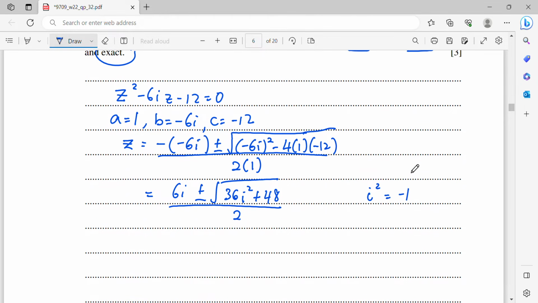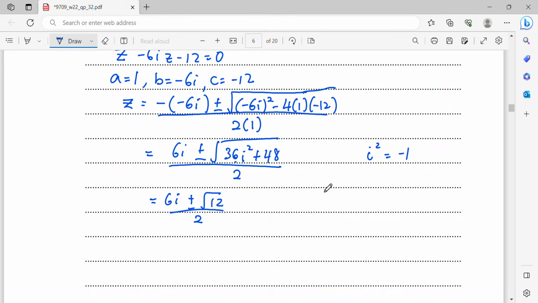So inside the square root, it will be negative 36 plus 48, so you will be getting square root 12. It's the same as 48 minus 36, then over 2. Now simplify this result. It will be 6i over 2, I'm getting 3i, then plus minus square root 12 over 2.